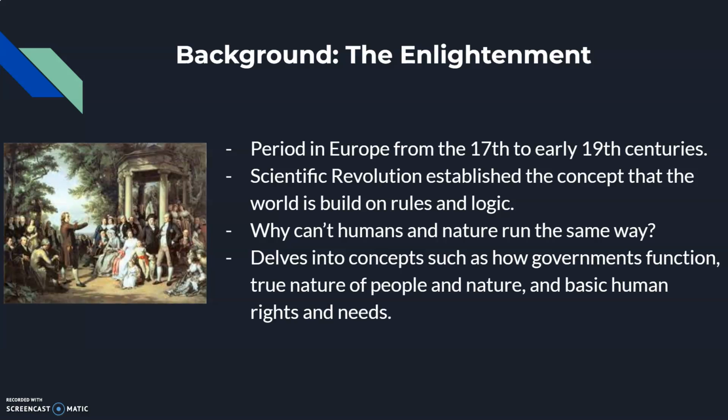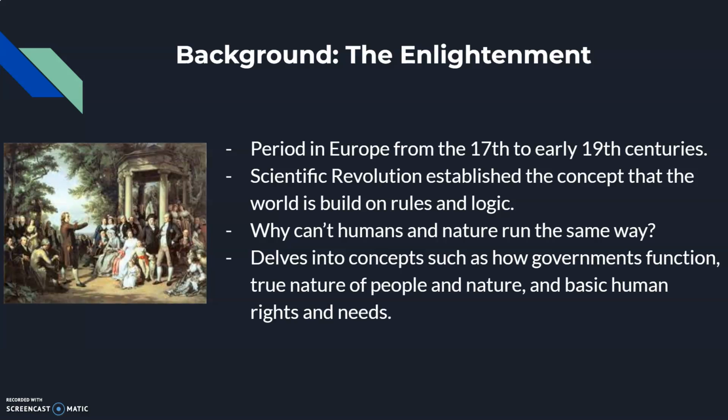And so the scientific revolution established the concept that the world is built on rules and logic. For example, gravity, what goes up has to come down, so on and so forth. So a lot of these philosophers began to wonder, if the world's built on these well-established rules and logic, why can't humans and nature run the same way?